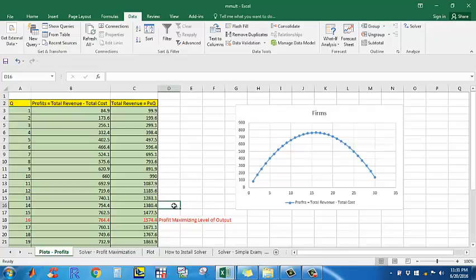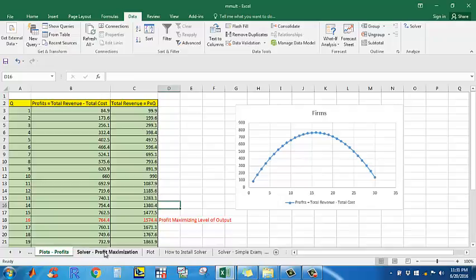The problem, however, could get more complicated, so much so that it might even become analytically impossible to identify what is the profit maximizing level of output. So how do we tackle such a kind of a problem? The answer is we would use solver.